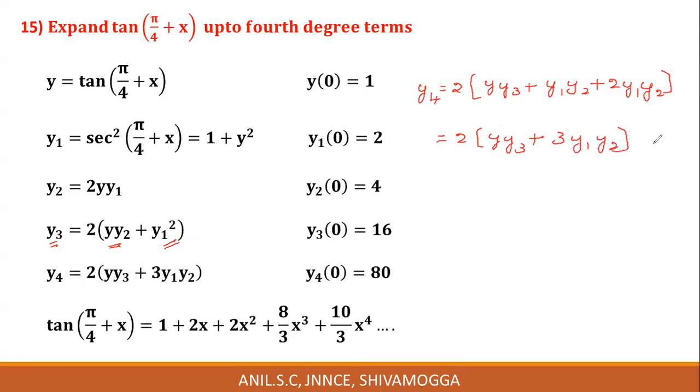Now put x is equal to 0. When x is equal to 0, this will be y4 of 0. This is equal to 2 into y into y3. y is 1 into y3. y3 is 16, plus 3 into y1. y1 is 2 into y2. y2 is 4.